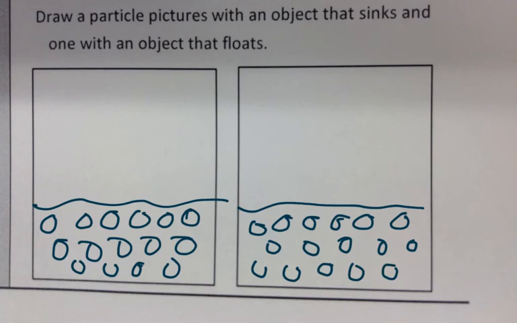If you would like to, you are more than welcome to. But what I care about is that you know where it would be if it sank. Everybody should know if you're sinking, then you are going to the bottom. So this would show that this object is sinking. I'm going to show that it's a different object by changing color. So this object would be floating in water, so its density would be less than water. So this would be float.